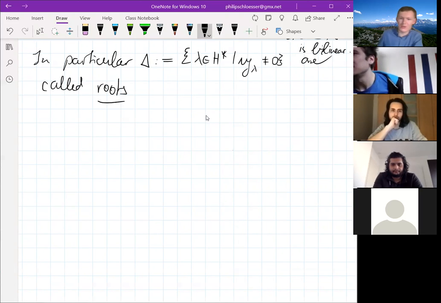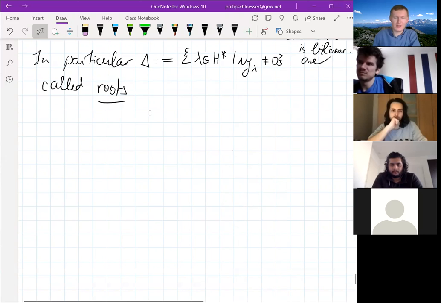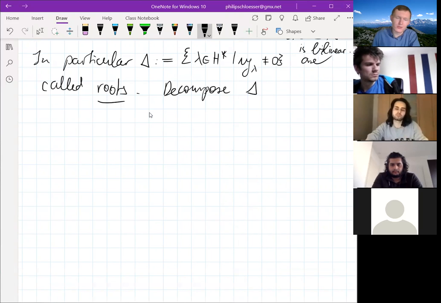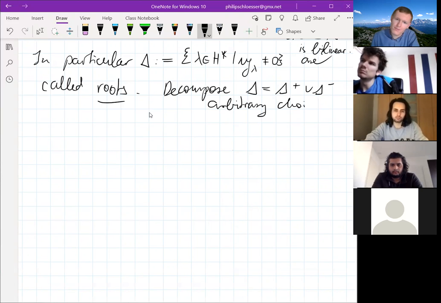Maybe a bit more to the point is the fact that you usually decompose your root system as a set of positive roots and a set of negative roots, which is an arbitrary choice. But it has to be done using one plane.